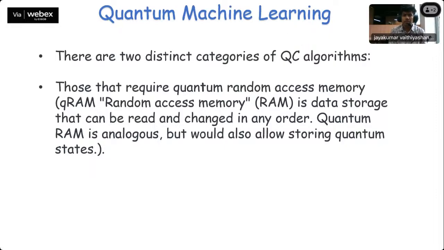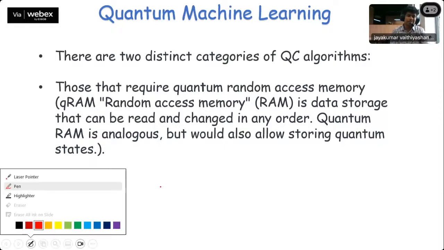So next, how can we categorize our quantum algorithms based upon two distinct categories. One which requires quantum random access memory. This is synonymous to RAM, but it is not like that. If you want to store quantum data, it will stay only a few milliseconds.